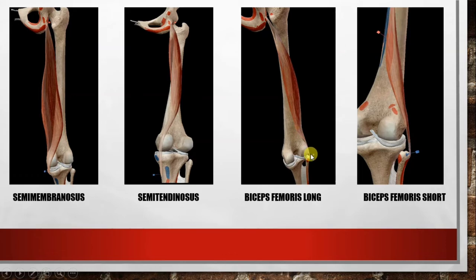It attaches towards the lateral side of the tibia, or the lateral condyle of the femur. Now there is a short head of the biceps that arises from the linea aspera of the femur. It has an attachment towards the head of the fibula.